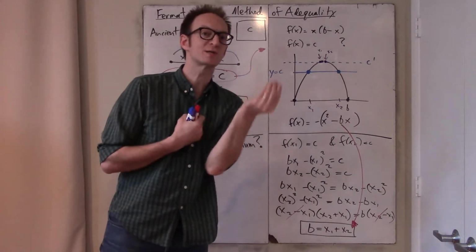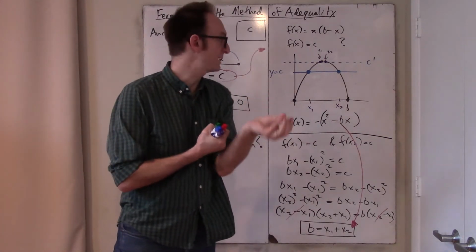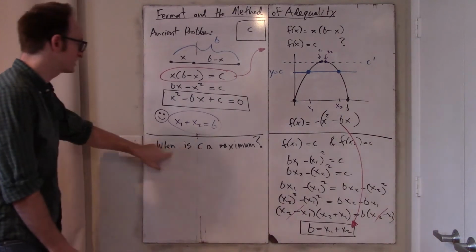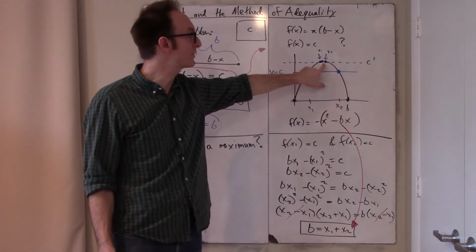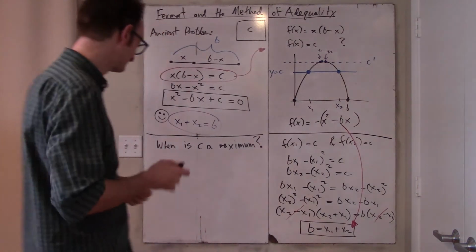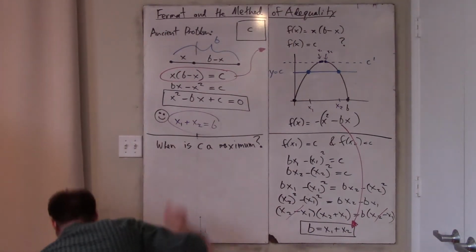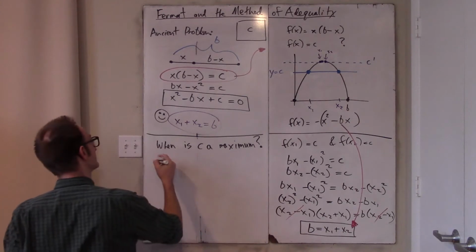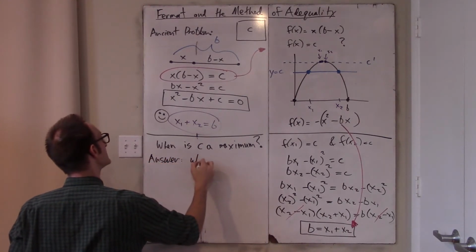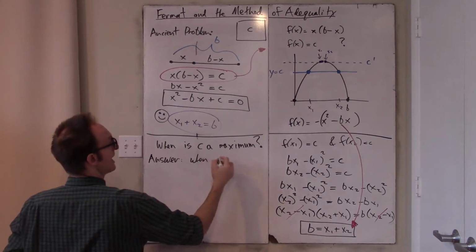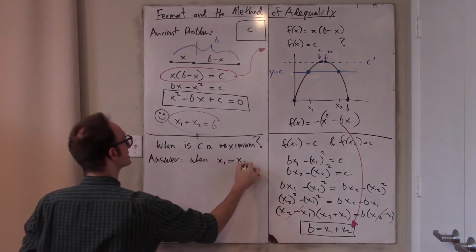If that's always true, that when I add the two roots together I get b, then says Fermat, back to this problem, if I want to know where C is as big as possible, well, C is as big as possible when x1 equals x2. So to answer this question now, C is a maximum when x1 equals x2.